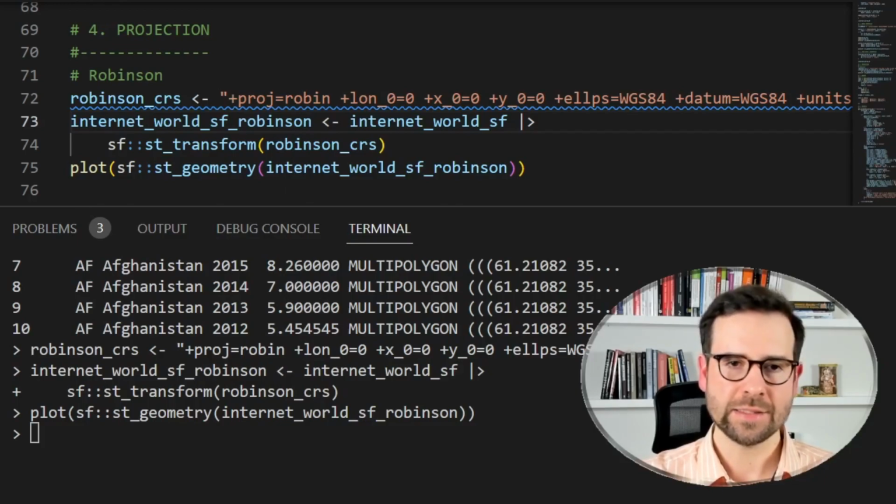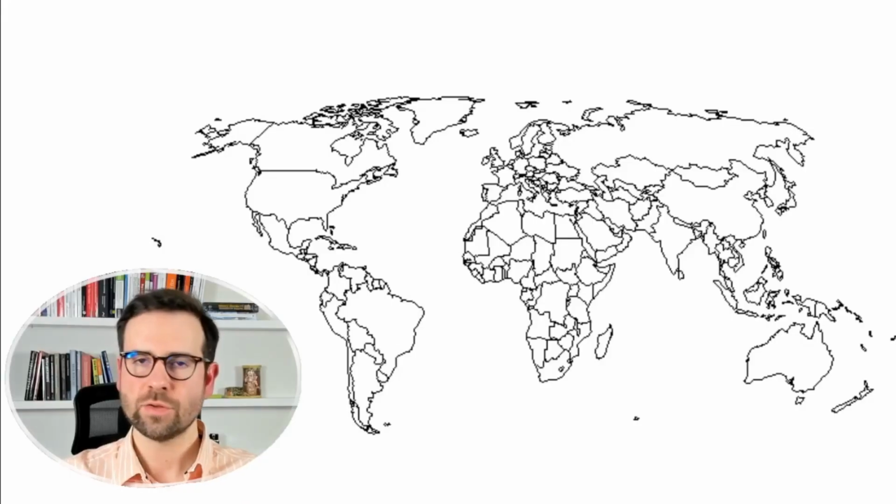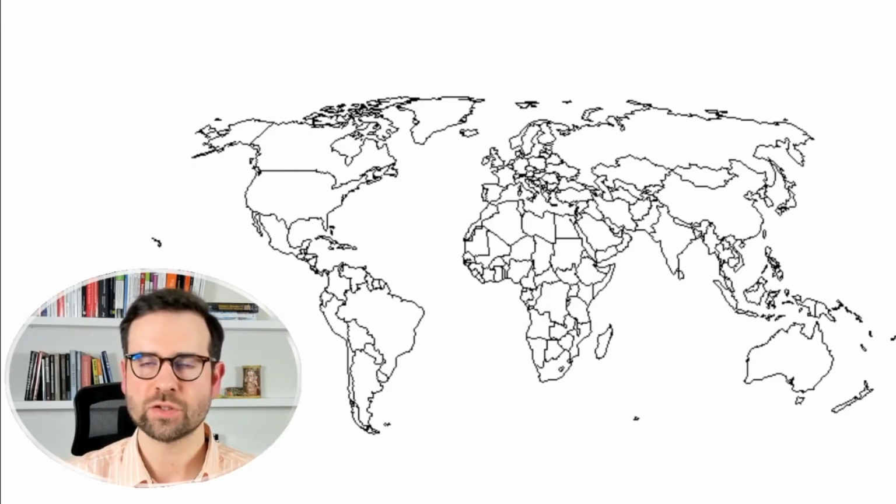The easiest way is simply to define it as we do here, and then use st_transform. So here is the one with the Robinson projection I was telling you about. It has a more rounded shape but also does not exaggerate some areas, such as Greenland or Russia, that much.